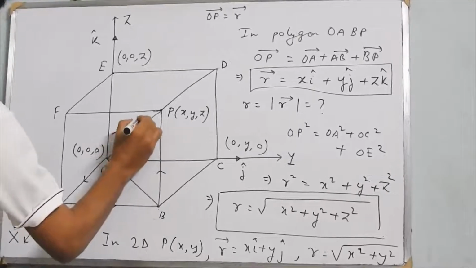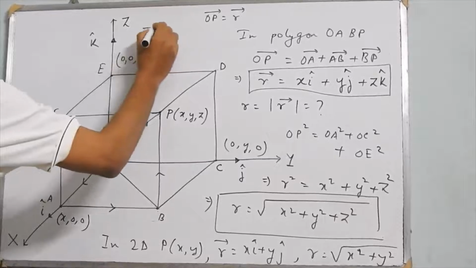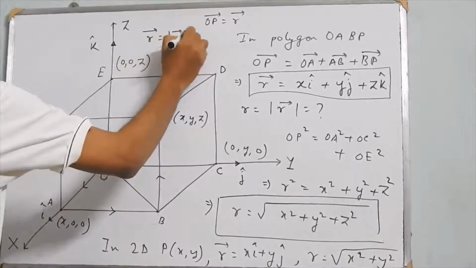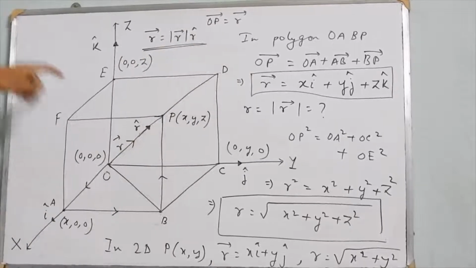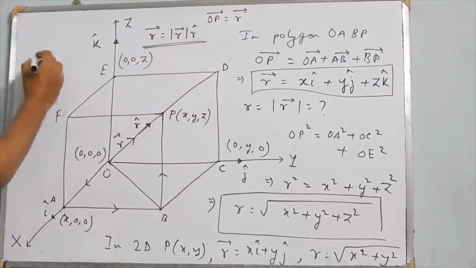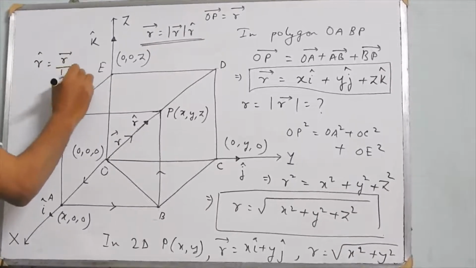That means I can now write the r vector as the modulus of the r vector times the unit vector along its direction. And so this r hat becomes the r vector divided by its modulus.